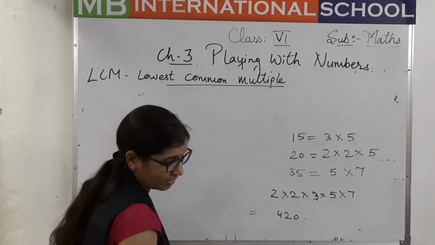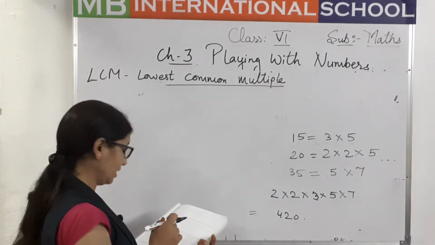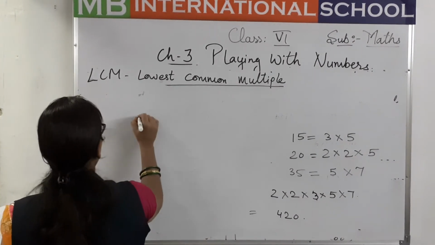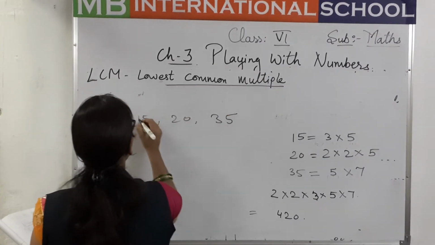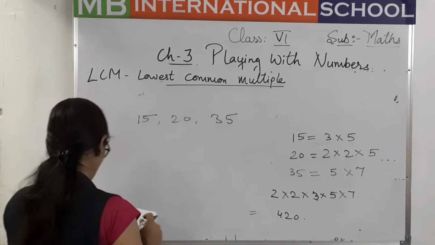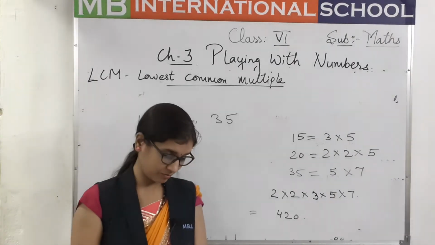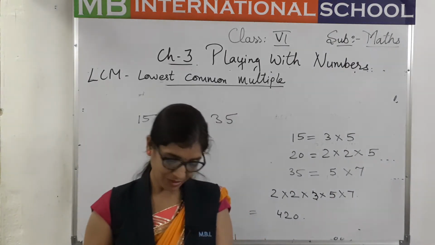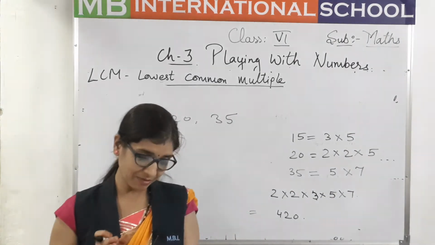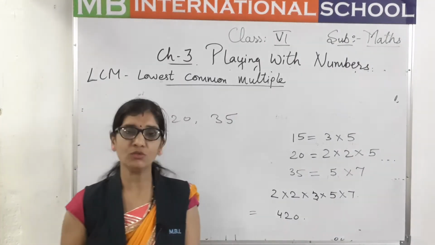Okay. So we have to arrange the numbers in an order. First step, that is 15, 20 and 35. So we can arrange them easily. Then we can divide the given numbers by a prime number which divides exactly two or more than two numbers.